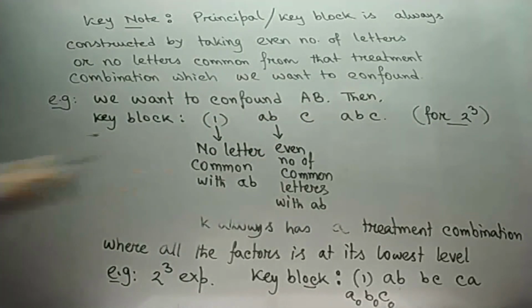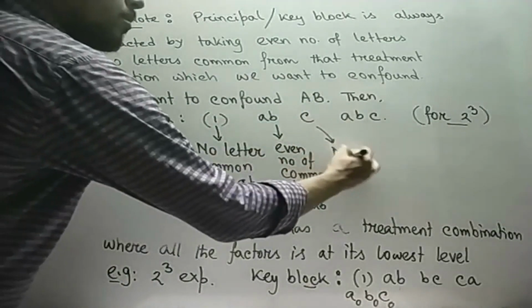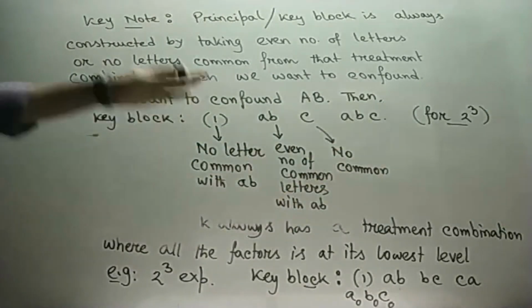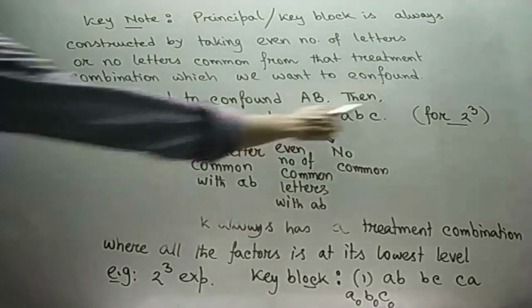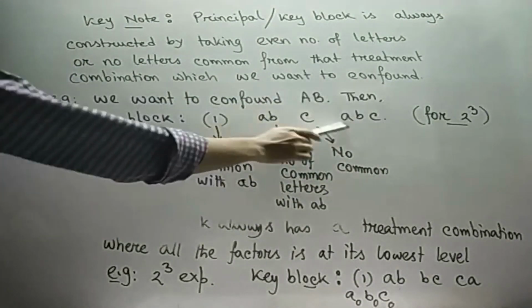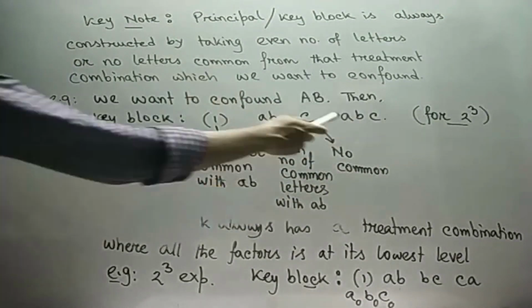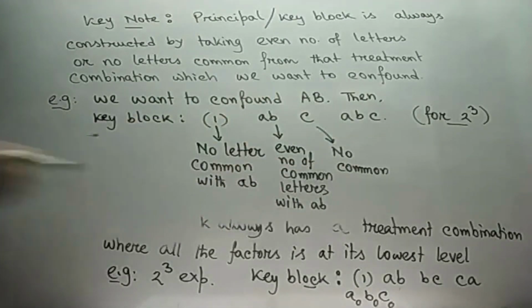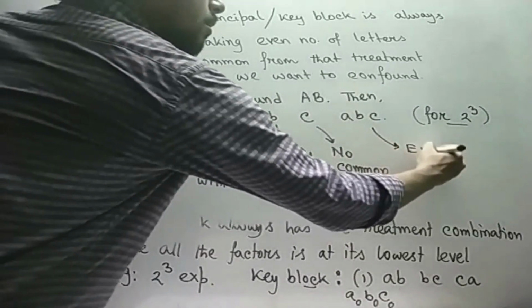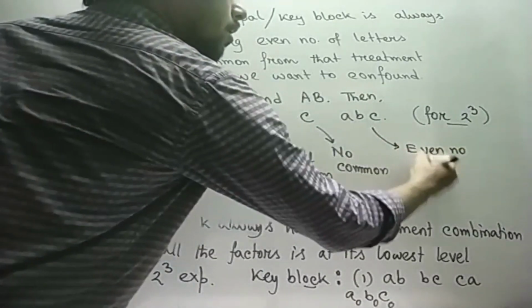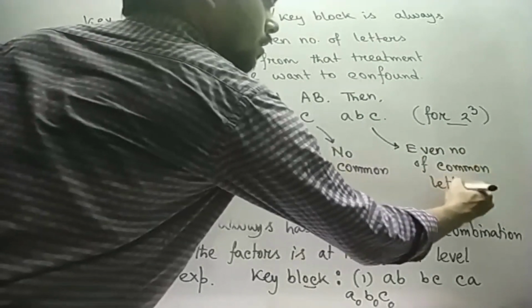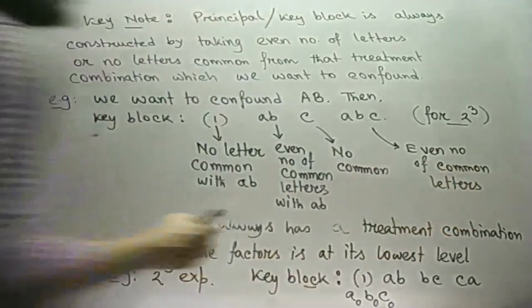And ABC and AB have 2 common letters, which are A and B, so that's an even number of common letters.